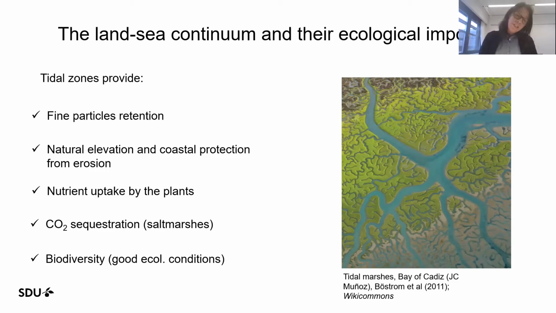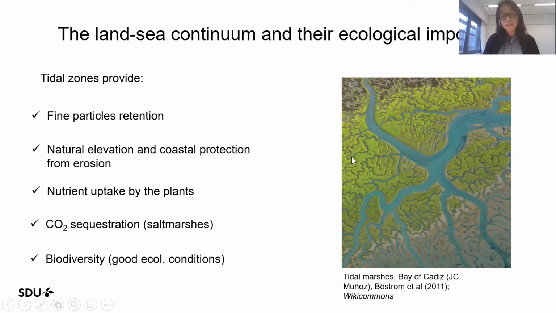So this vegetation will also take up nutrients that are available in the area. And when we think about salt marshes, they will also, over time, sequester CO2. And all this provides good conditions for biodiversity.